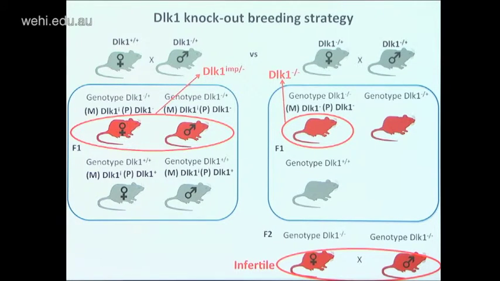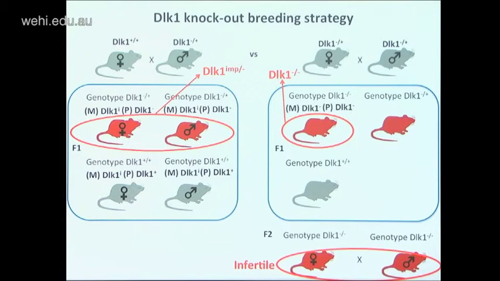And in a series of validation studies using qPCR and Western blot and flow cytometry, I've shown that in the Dlk1 imprinted knockout bone marrow, there is no detectable Dlk1 expression. So it is okay to use them to study the adult bone marrow. I'm not going to show you all that validation study here in the interest of time.